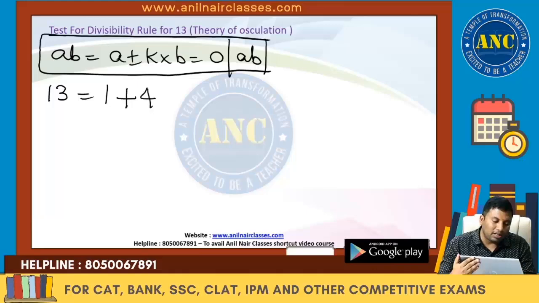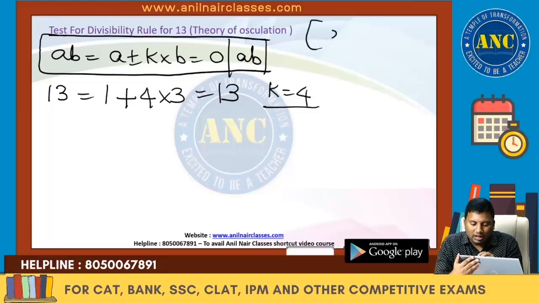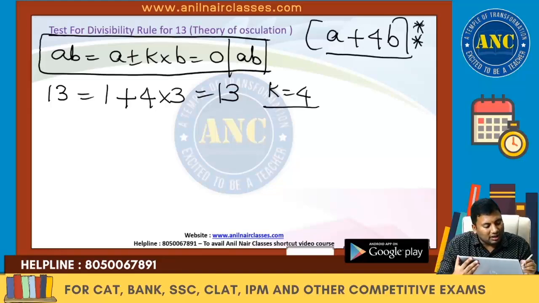If I multiply the unit digit by 4, 4 3s are 12, 12 plus 1, 13. That means the k value here is 4. So the divisibility rule for 13 is a plus 4b. B is the unit digit, and a could be any number of digits before b.